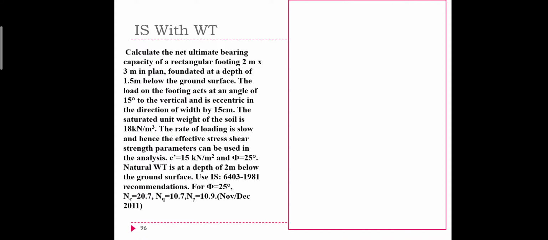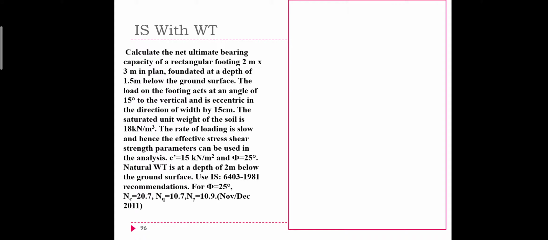The saturated unit weight of soil is 18 kilonewton per meter cube. The rate of loading is slow and hence the effective shear stress parameters can be used in the analysis. C dash is equal to 15 kilonewton per meter square and phi is equal to 25 degree.